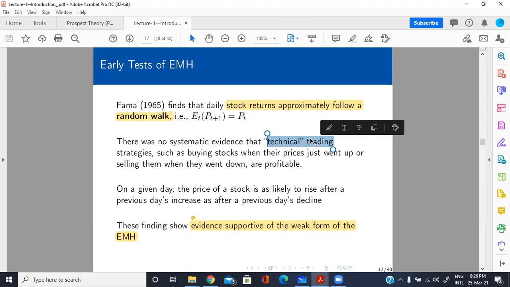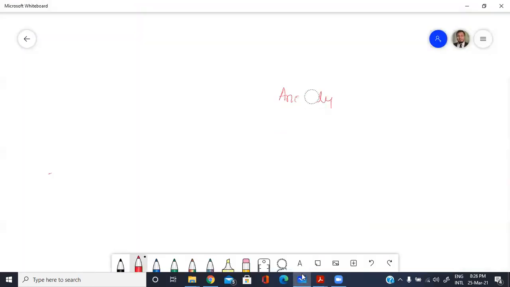That's why people tend to use technical strategies to exploit the market. But Fama has said that the market is efficient, and there is a way to test this, which is known as event study.